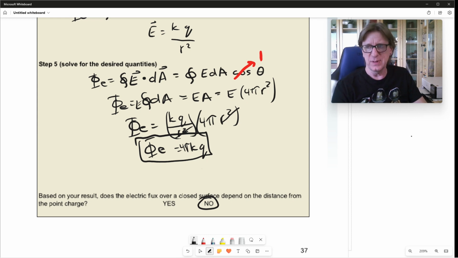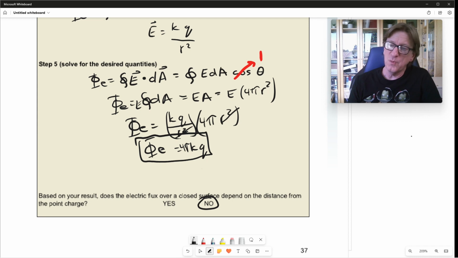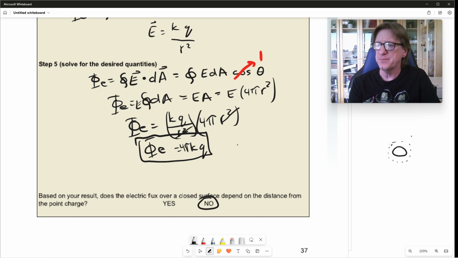So let's explore that just a little bit because that's kind of weird. But if you think about it, it also can kind of make sense. So let's draw my source charge here again. If I am a small distance away, right, then if R is very small, do you see that E is going to be very big? Because I'm close, my field lines are going to be much more closely spaced.